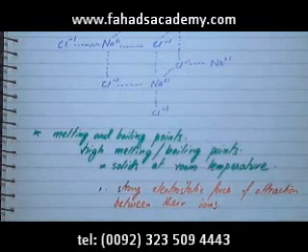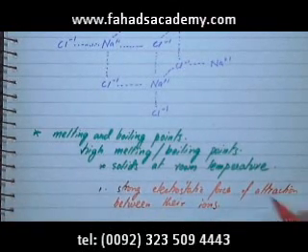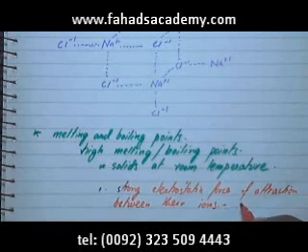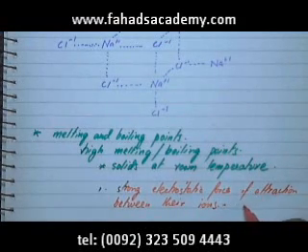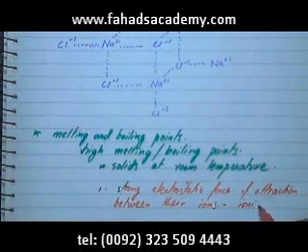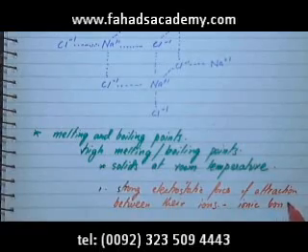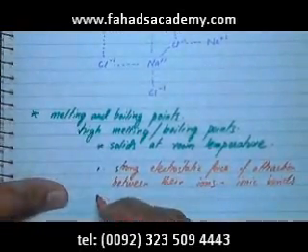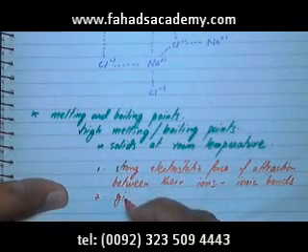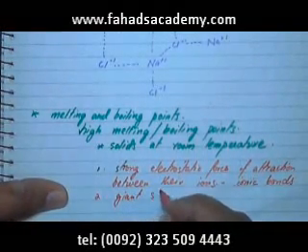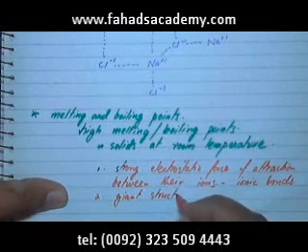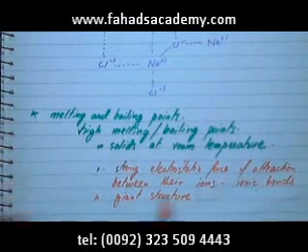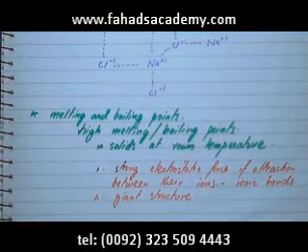So the forces of attraction between the ions are strong. The electrostatic force of attraction is also called an ionic bond. So they have very strong ionic bonds, and secondly, they have a giant structure, which basically means that they need to break a lot of ionic bonds to melt this.